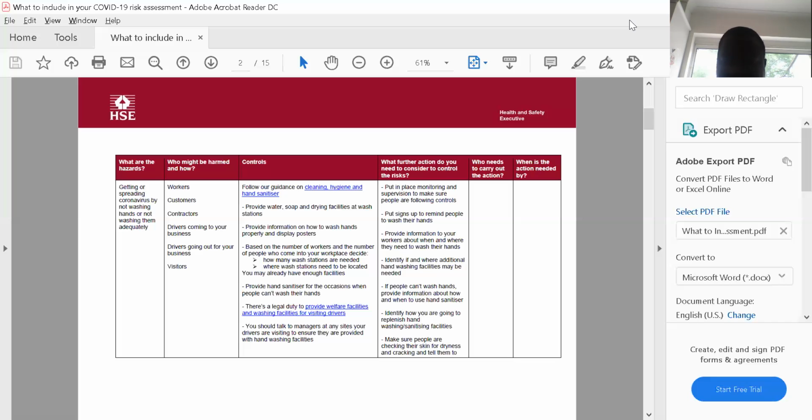It then talks about a legal duty. So there is a legal duty to provide washing, welfare facilities or washing facilities for visiting drivers, and then make sure you are talking to managers of facilities that your own drivers are visiting to ensure they are actually providing wash facilities for them.